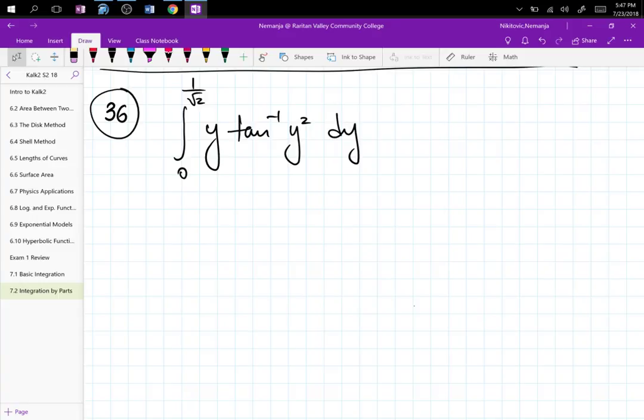The derivative of tan inverse is like 1 over. It's 2y over y to the fourth plus 1, dy. Only for the integral of tan inverse.